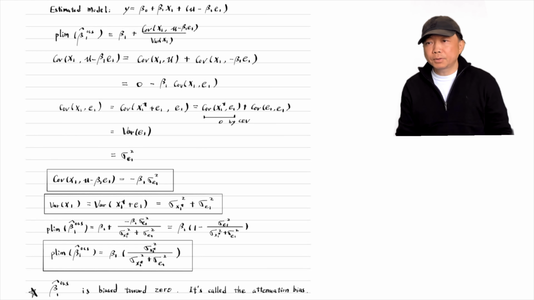From the inconsistency formula, we know that if the variation in the explanatory variable is large relative to the variation in the measurement error, then the component is close to 1. The OLS estimate will be close to the population parameter. The attenuation bias will be small.